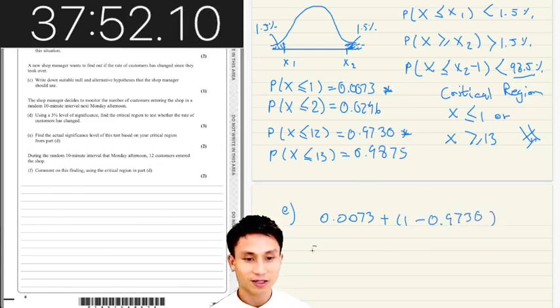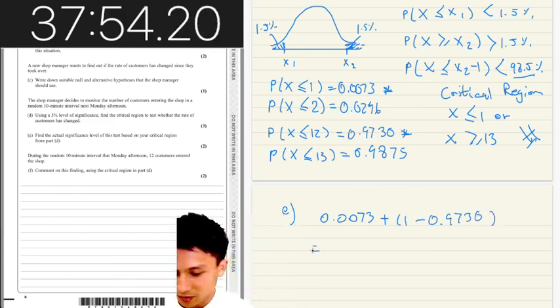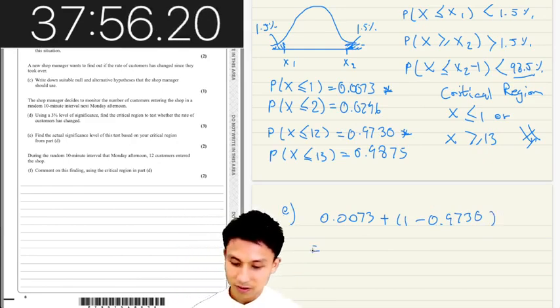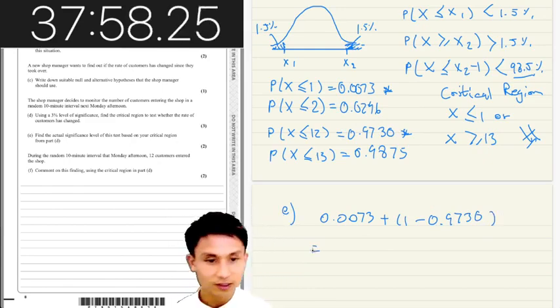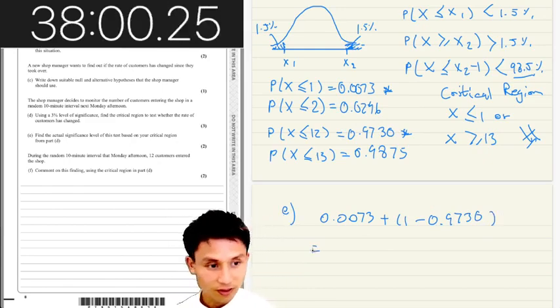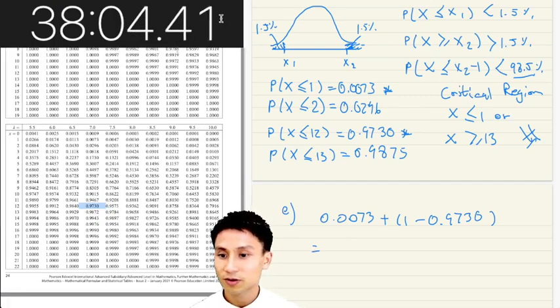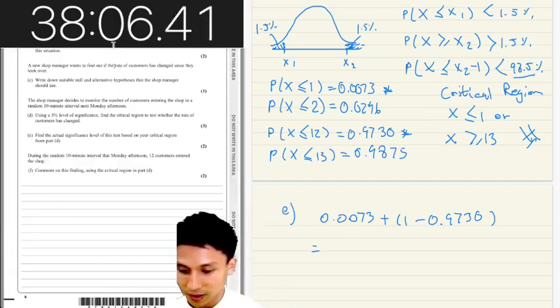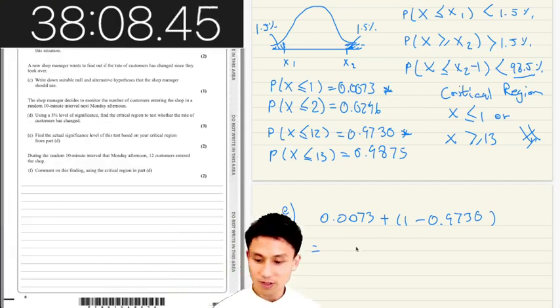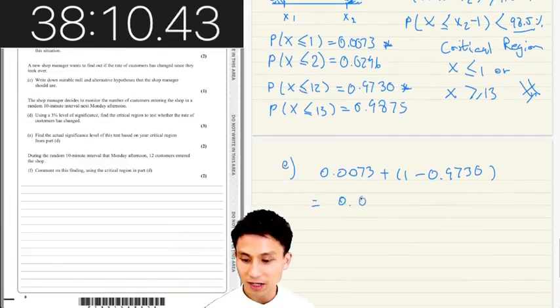Yeah. Okay, and calculator, 0.0073 plus 1 minus in the brackets there, 0.7973. Is it 0? Yeah, it is 30 there. Just being careful there. So that is the actual.